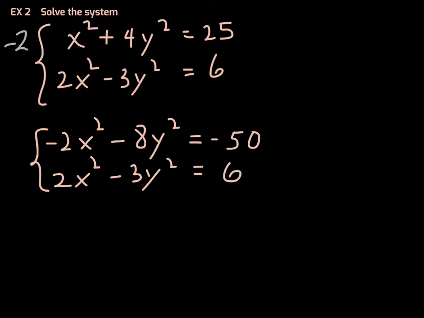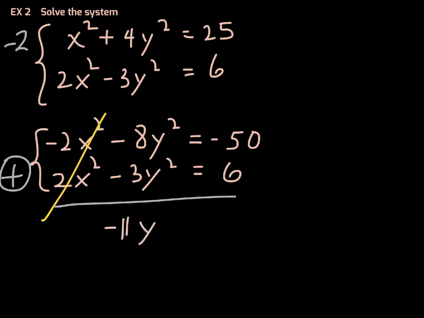And now I can see when I add my equations that the x terms are gone, and I'm left with -11y squared is equal to -44.